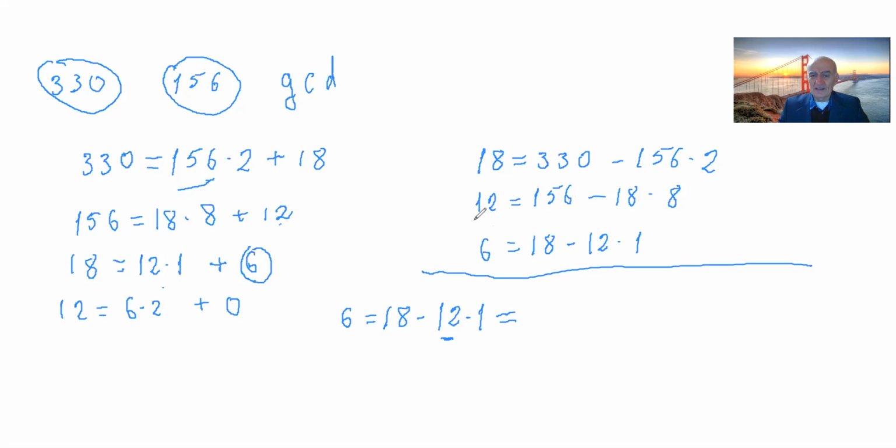In this expression, 12 equals 156 minus 18 times 8, and I will replace 12 by this expression. So we have 18 minus (156 minus 18 times 8).